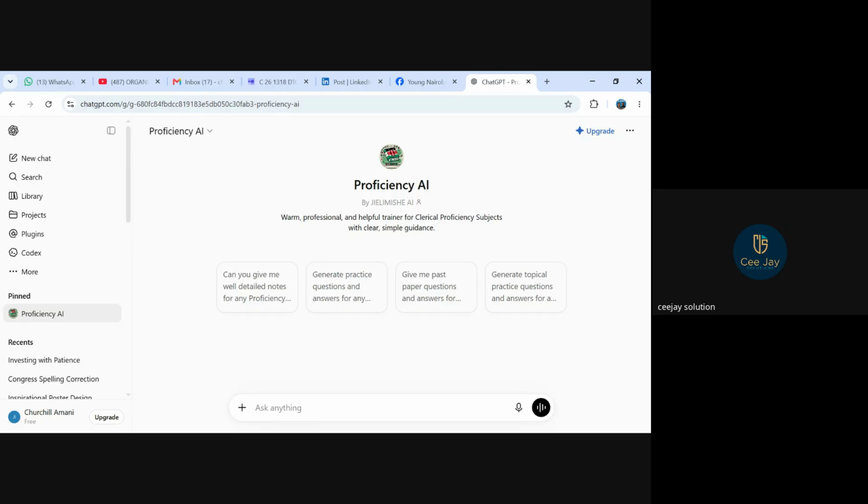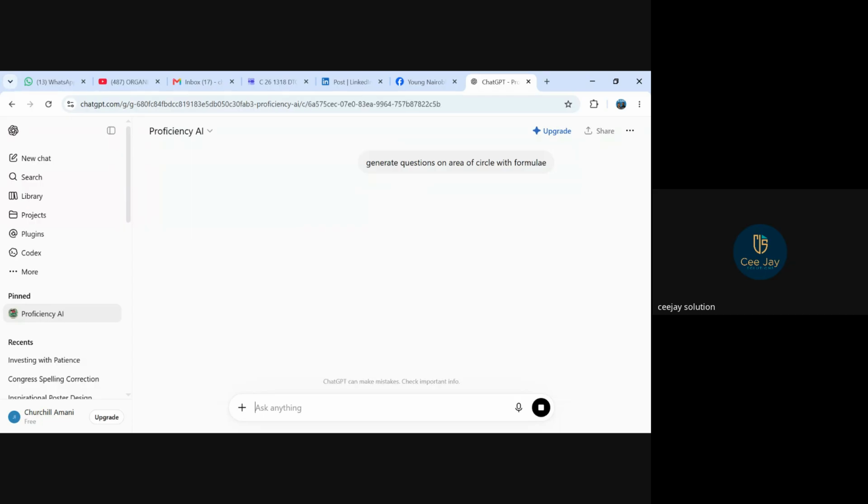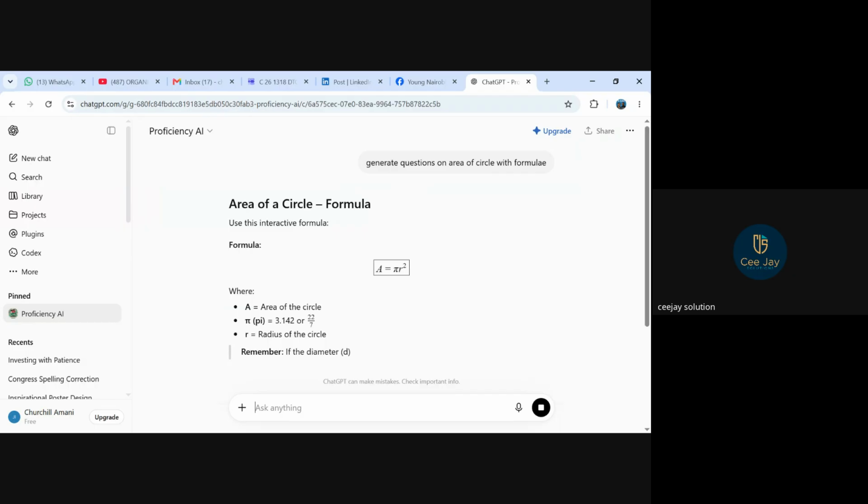Okay, we will start with the circle. As I said, area equals pi r squared.